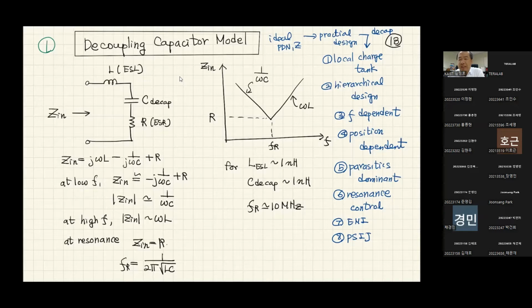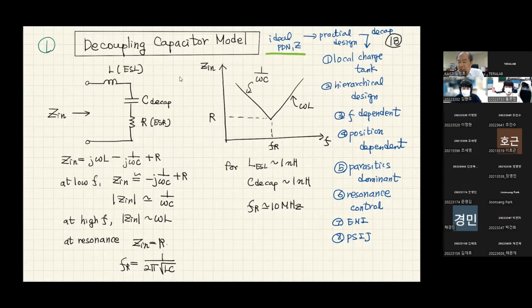Let us continue the subject on power distribution network designs for high-performance digital systems. In the previous class, we were talking about the ideal PDN condition, and usually a transmission line has balanced impedance, 50 ohm, by balancing electric field and magnetic field.